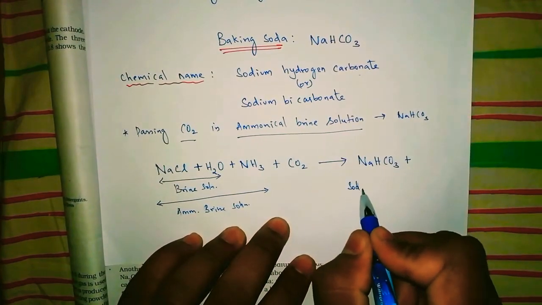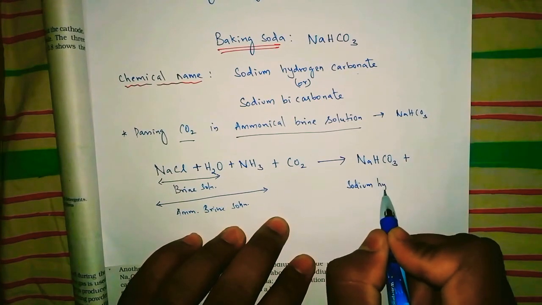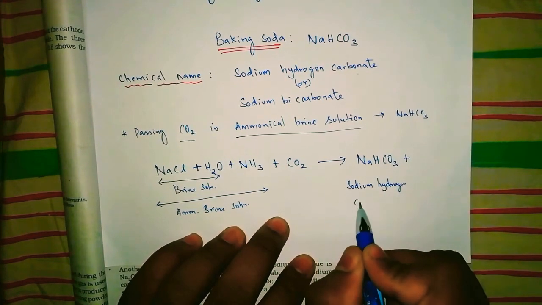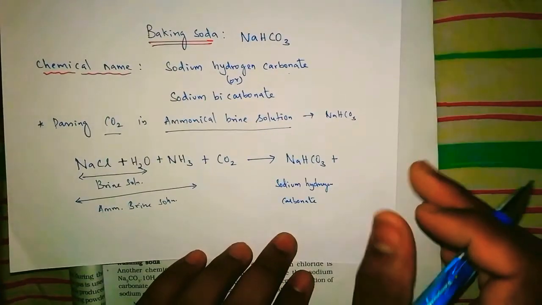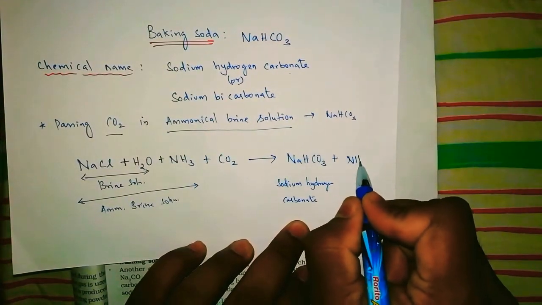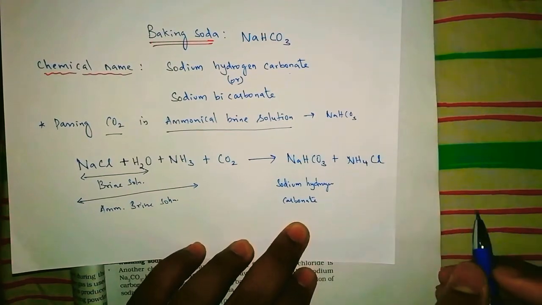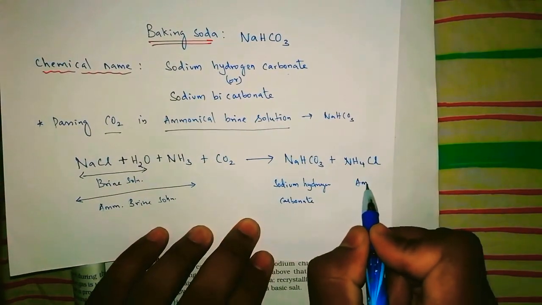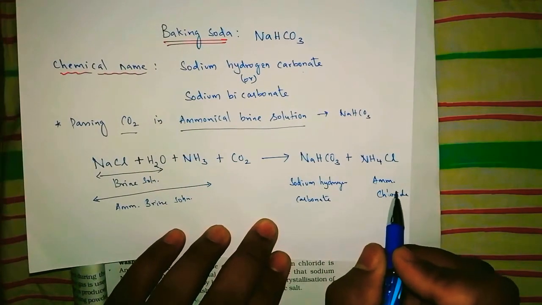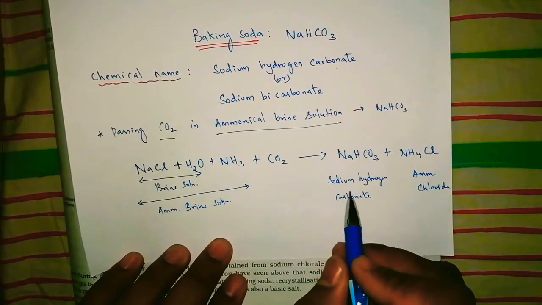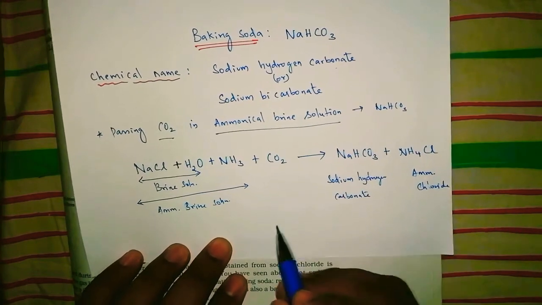This is sodium hydrogen carbonate. And also we are going to get one more product, that is ammonium chloride. This is not important for us, but we are preparing only sodium hydrogen carbonate. So this is very important.